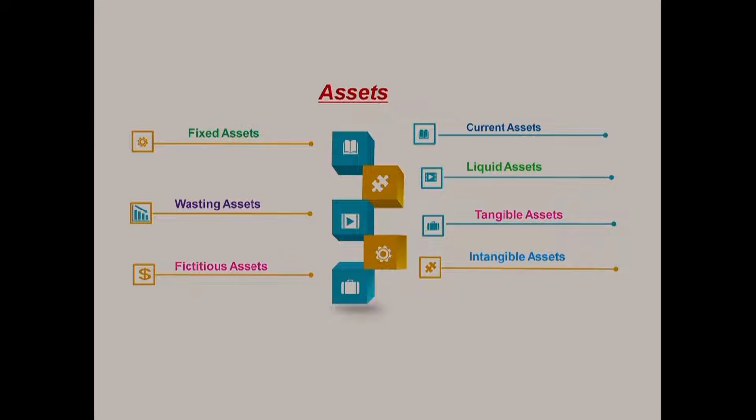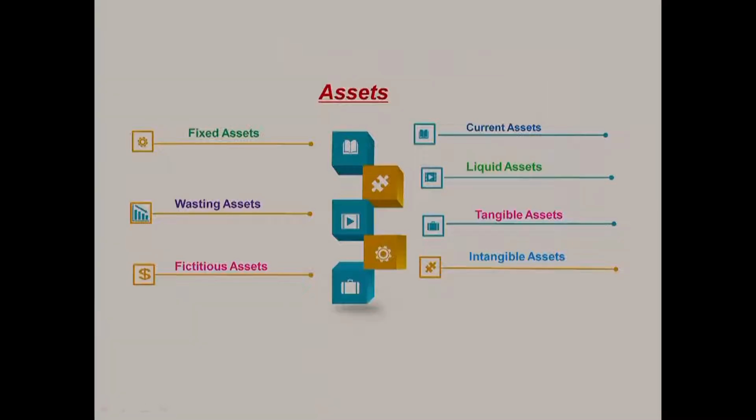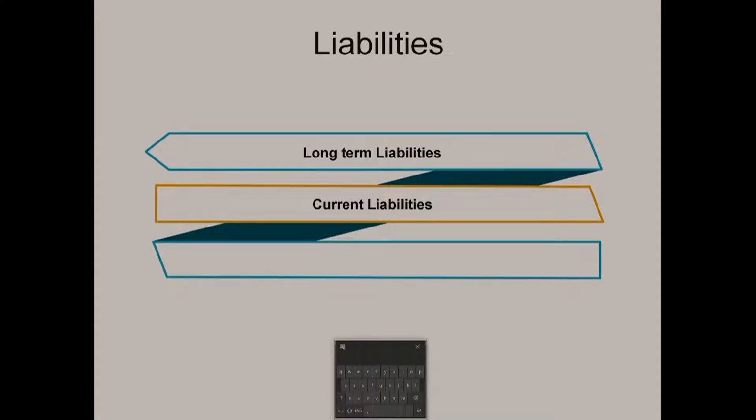Current assets can be easily changed to cash, liquid assets are already in liquid form, tangible assets you can touch, and intangible assets you can't touch. Some of the categories may overlap, and some assets may fall in more than one category, so there is nothing to be confused about. Okay. Next are the liabilities. There can be long-term liabilities, some are current liabilities, and then some are owners' funds.